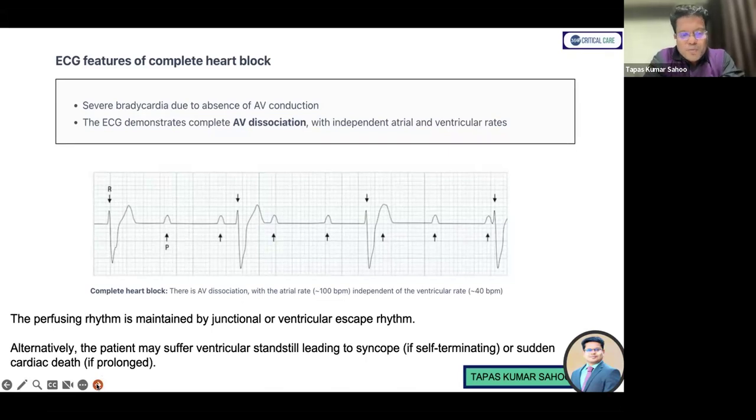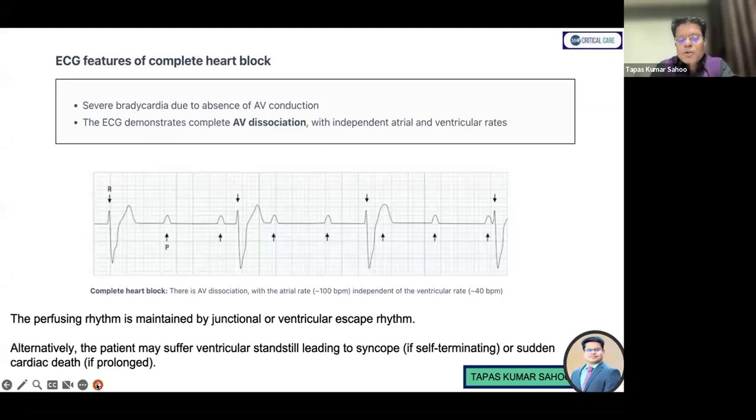Now, the perfusing rhythm in the patient, like in our patient, if the patient is conscious, that is due to a junctional or ventricular escape rhythm. So there is some amount of junctional activity happening in my patient, and the ventricle is still able to get some of the escape rhythms, and that's why the patient is conscious.